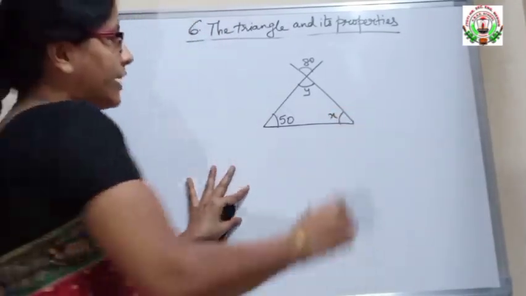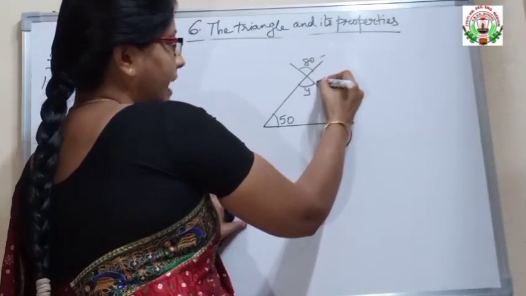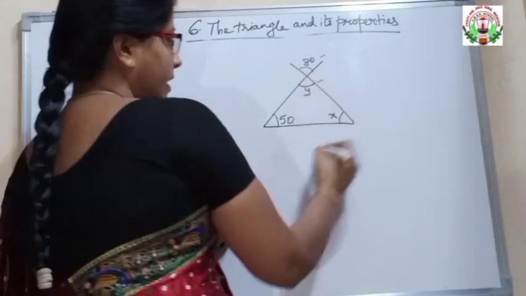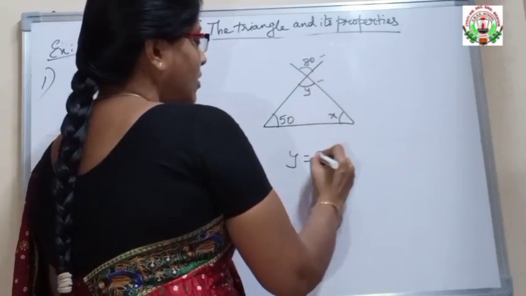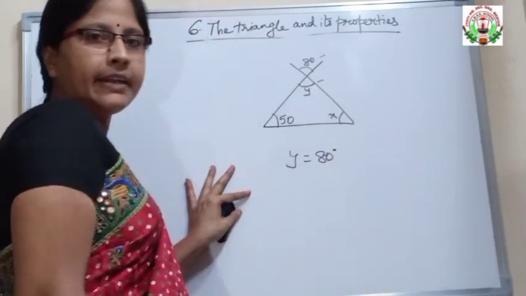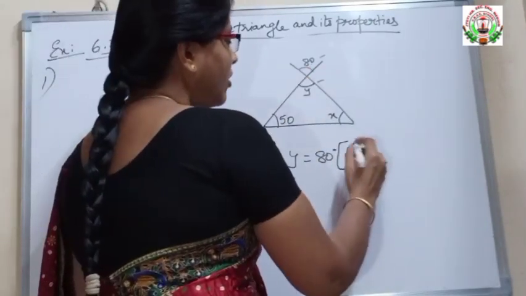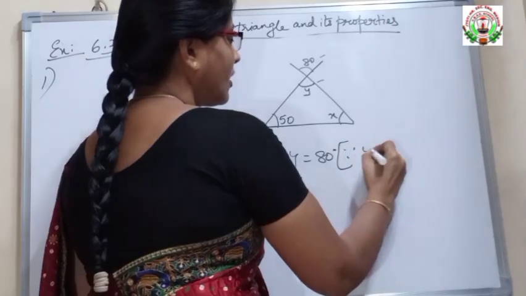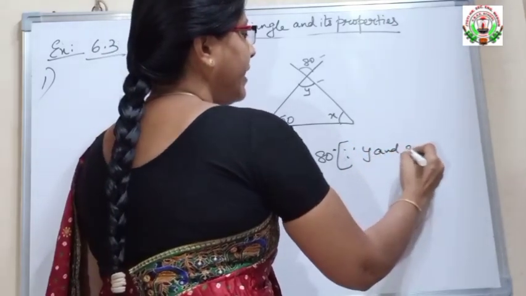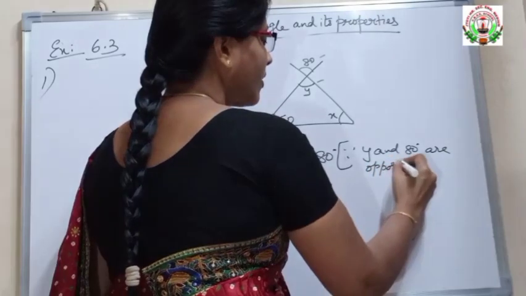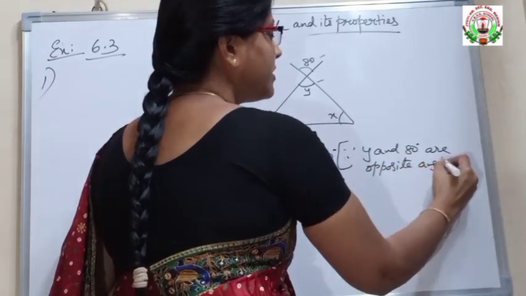In this figure you can see that 80 degrees and y, they are opposite angles. Y is equal to 80 degrees. I can write it directly without any solving, because y and 80 degrees are opposite angles.